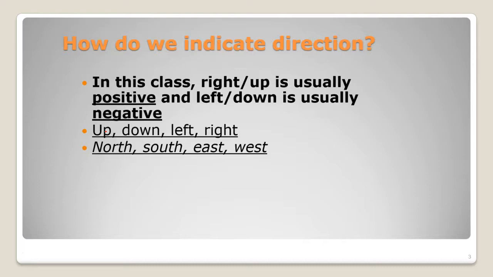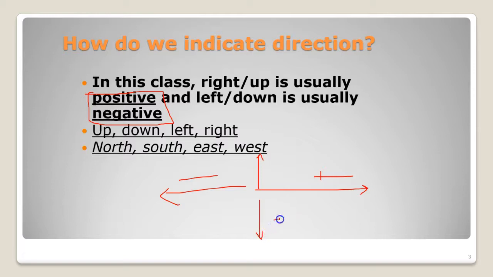If a problem uses those directions, we'll give those directions for the answer. But you will most frequently see positive and negative in terms of direction. So it's important to understand that anything going to the right is positive, up is positive, left is negative, and down is also negative. Which is different from, I know, what you have previously learned.